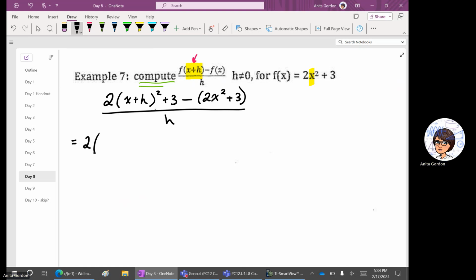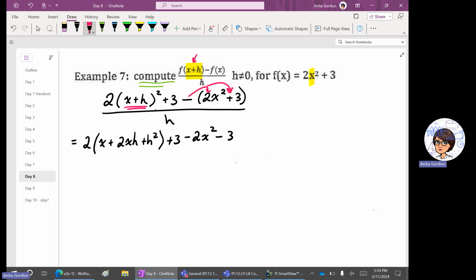So x plus h squared, that's going to be x plus 2xh plus h squared, plus 3 minus 2x squared plus 3. Nope, not plus 3. This should be a minus 3 because I am distributing this negative.